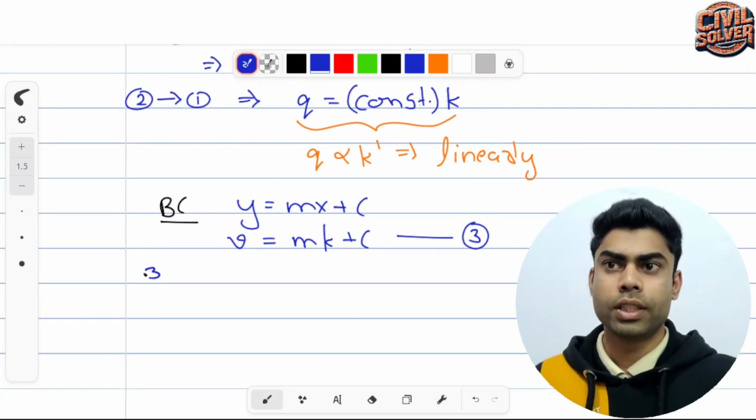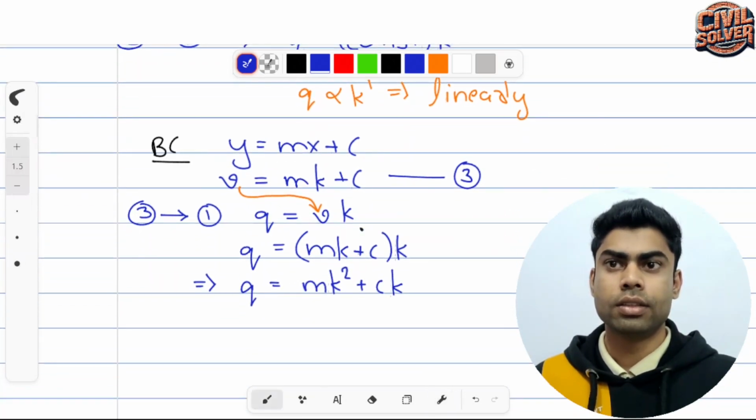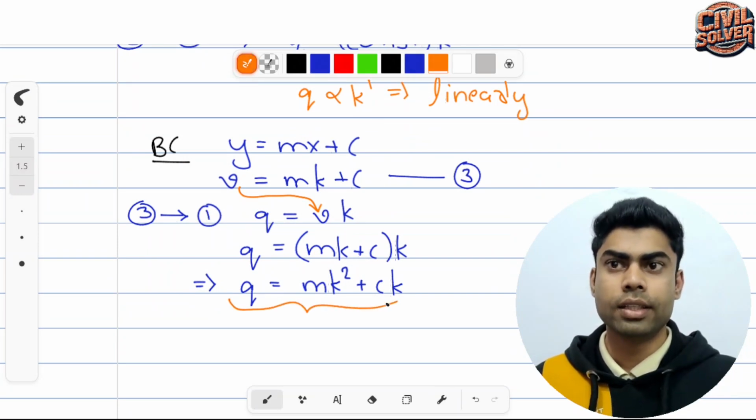Now from equation number 3, put the value of speed into equation number 1. We know that equation 1 was q is equal to vk. Put this relation into this equation, we will get q is equal to mk plus c times k. Expand it, we will get q is equal to mk square plus ck. We can already say by looking at this equation that the flow is directly proportional to k to the power 2.